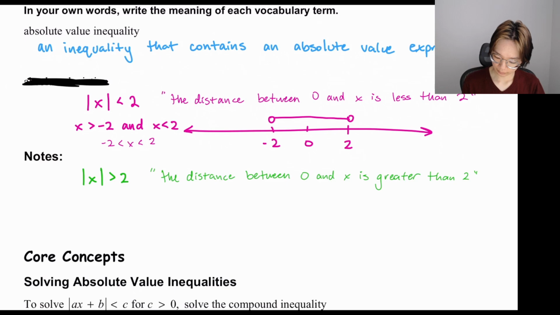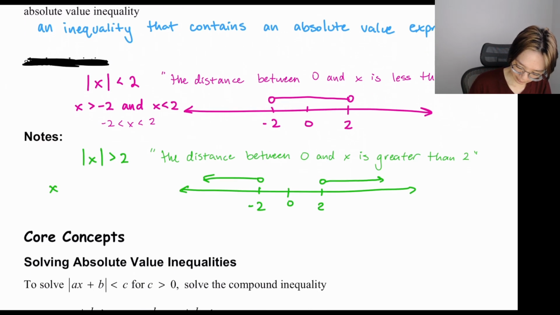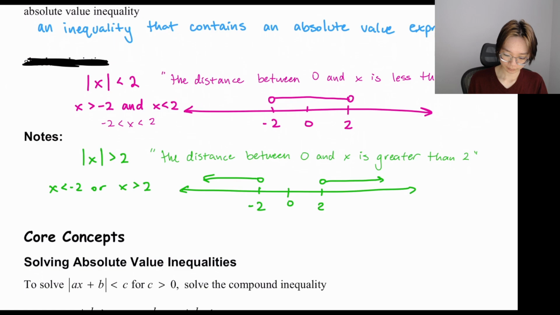If we graph that one, it's almost the opposite. If we have 0 here, 2 here, negative 2, the distance is greater than 2 in either direction. If we do a compound inequality for that, we have x is less than negative 2 or x is greater than 2.